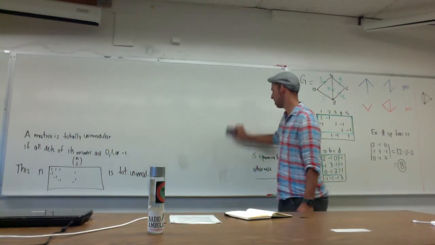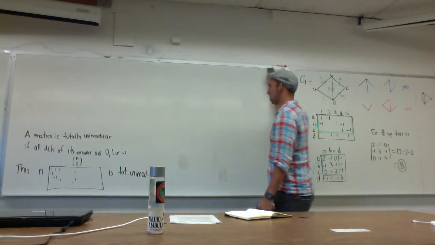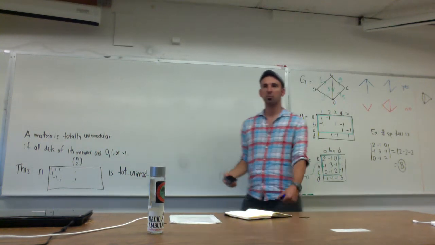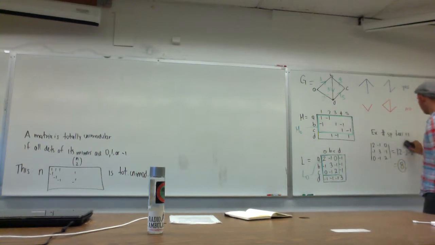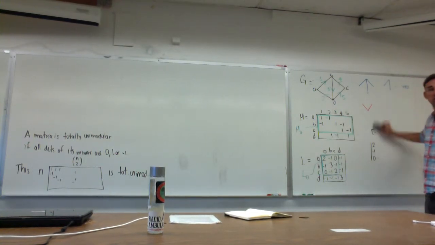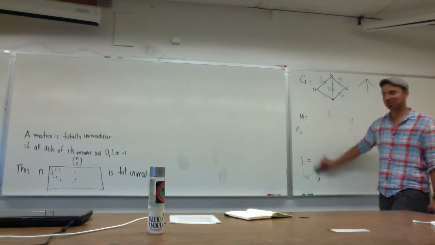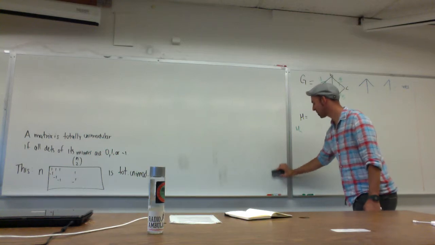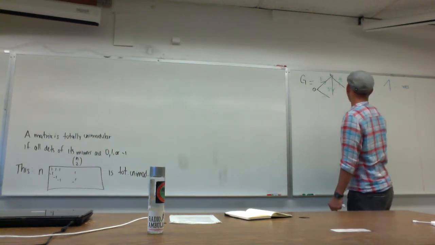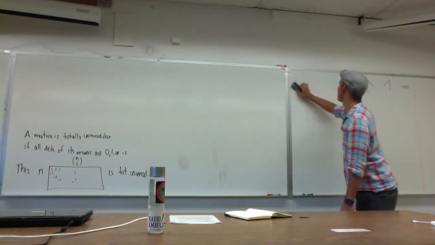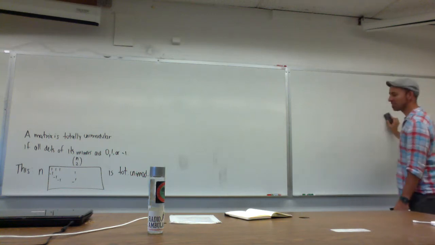It says that we can use linear algebra to compute the number of spanning trees of a graph. But now we want to see if this theorem is any good or not. This theorem is only as good as what you can get out of it. It's a pretty theorem, but let's see if we can prove some nice things with it.